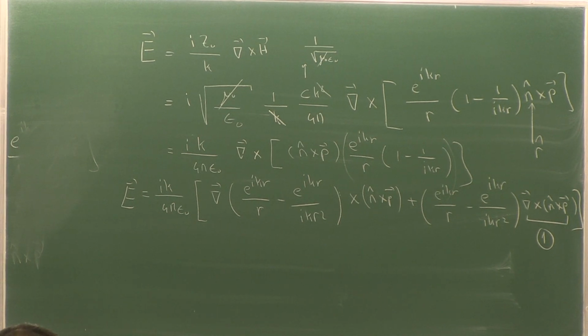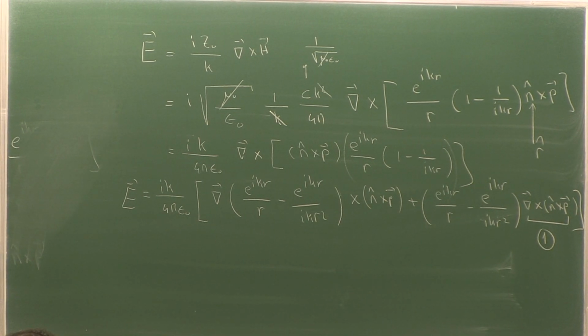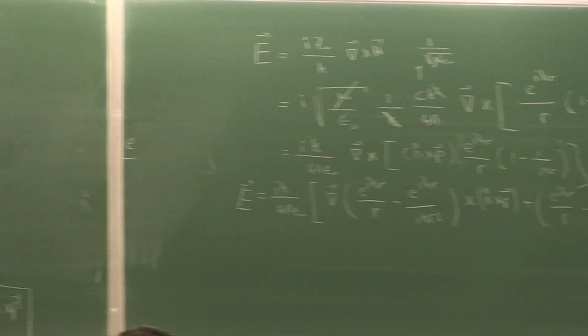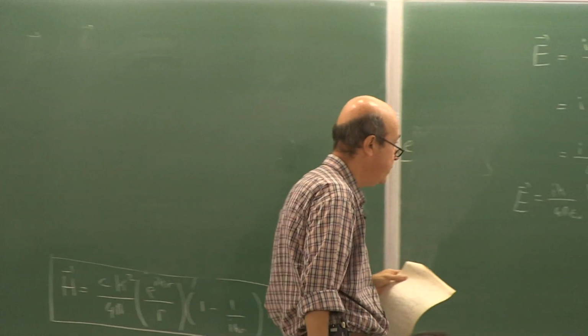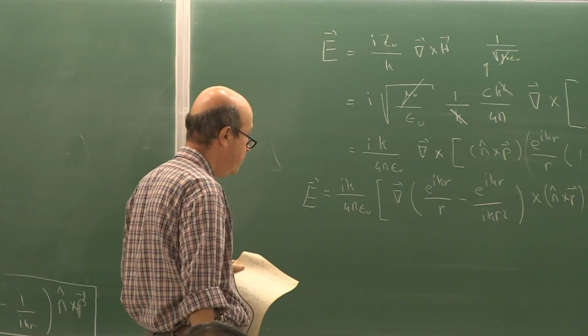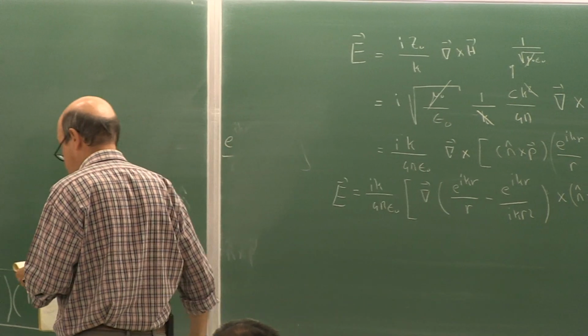The curl of a cross p is an identity. You can use indices to derive it, or you can use the first page of your book, or any mathematical book.